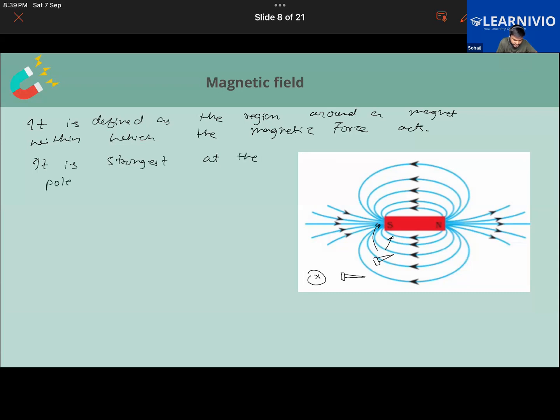The magnetic field is strongest at the poles. That is why magnetic objects get attracted towards the ends of the magnet. Write down this much only. It is defined as the region around a magnet within which the magnetic force acts, and it is strongest at the poles.